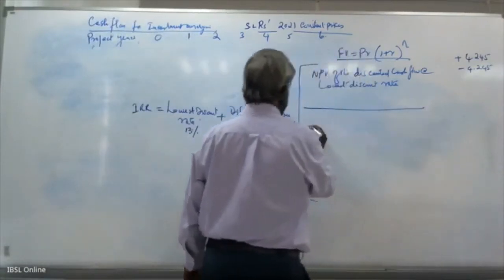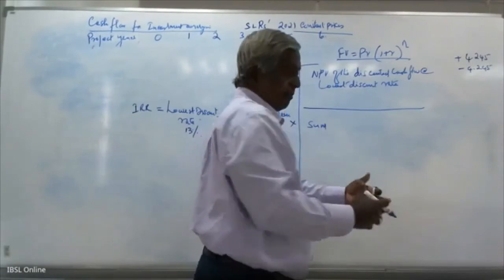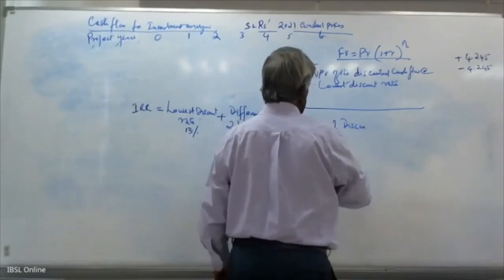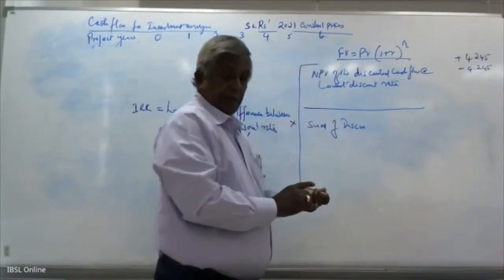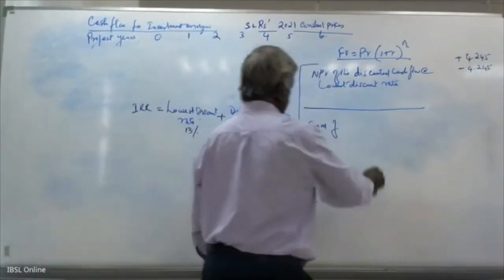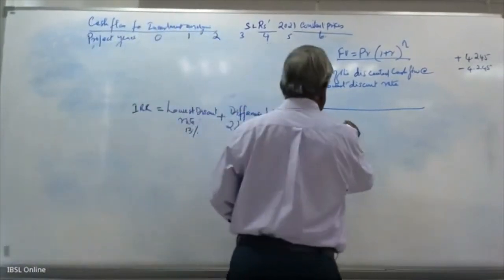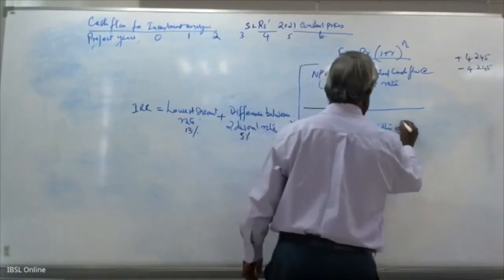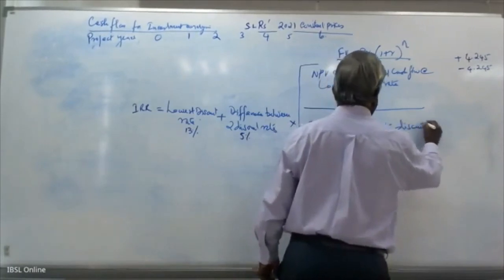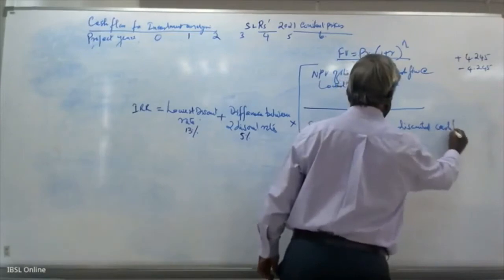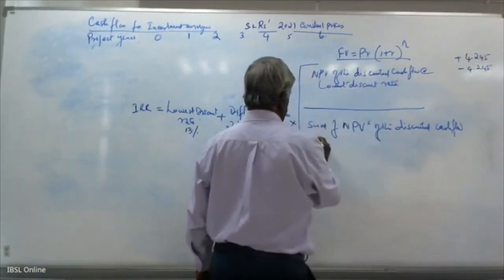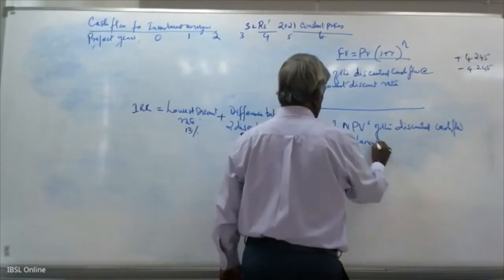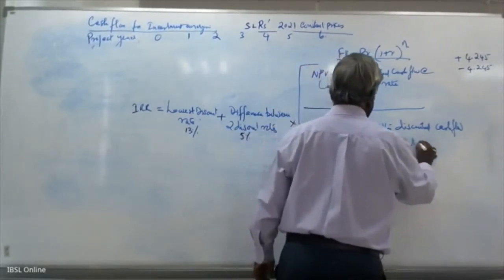Divided by sum of, sum means total of, NPVs, net present values, NPVs of the discounted cash flow at two different discount rates.